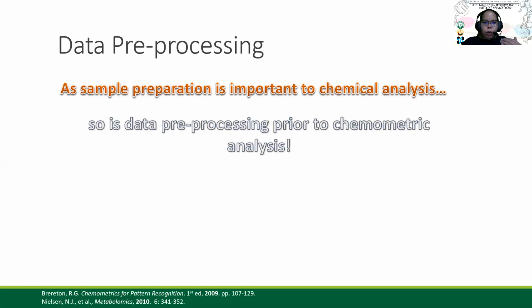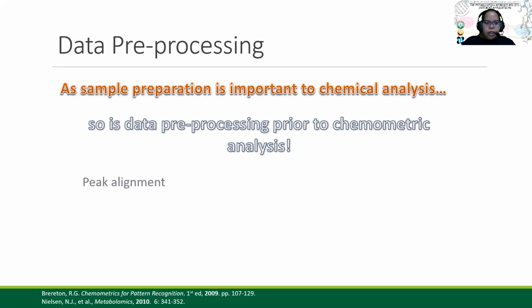The same goes for data analysis, or the chemometric analysis. We need to do proper and appropriate data pre-processing before we subject it to subsequent data analysis, or in our case, chemometric analysis.